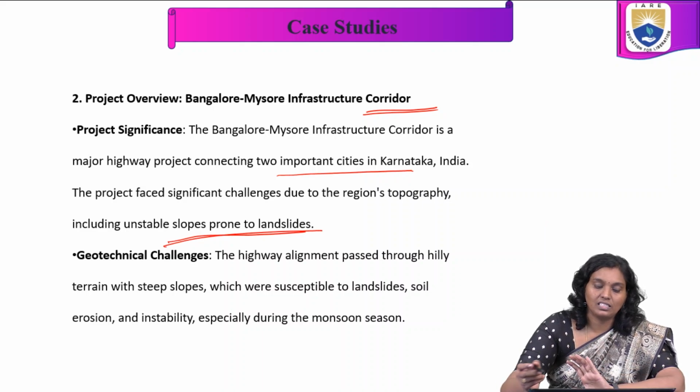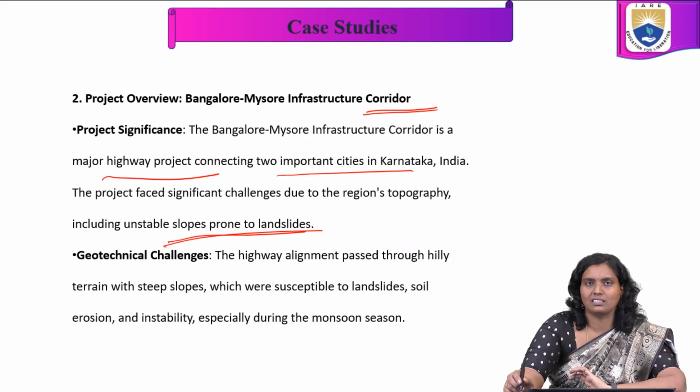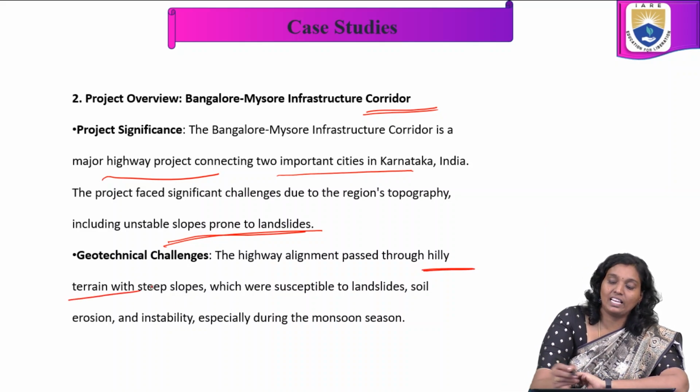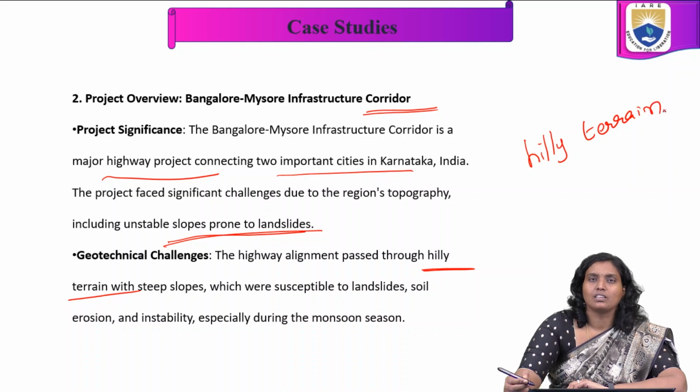This is a highway project connecting two cities in that region, where unstable slopes lead to landslides. Here are the geotechnical challenges: the highway alignment passes through hilly terrain, which may lead to landslides.